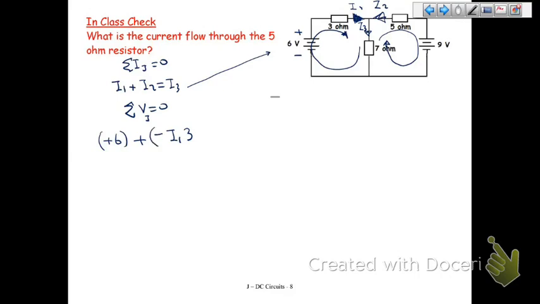So that's a negative IR. We look at this next one. My current is going down and my loop is going down. That would be a minus 7 I3 equals 0. There's my second equation.